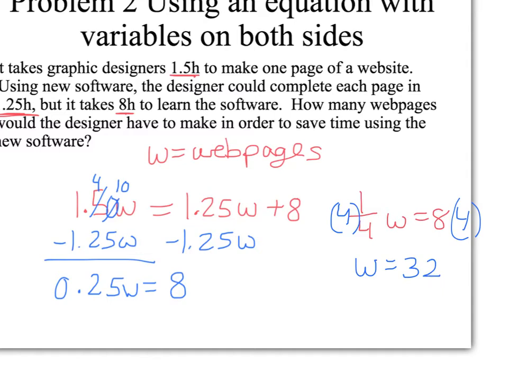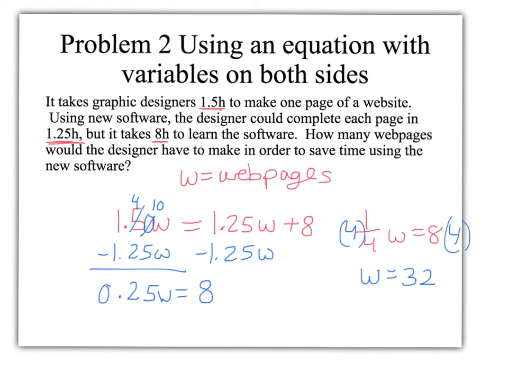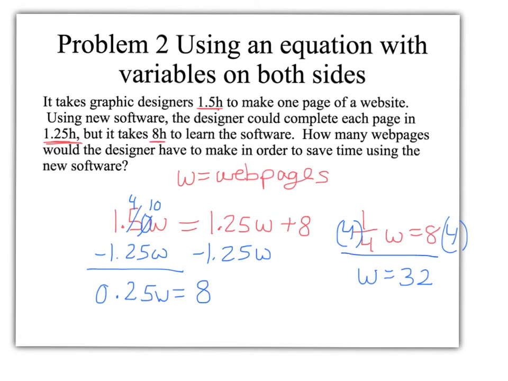Alright, now, that's not exactly the question. What the question says, well, how many web pages would the designer have to make in order to save time using the new software? Well, at 32 web pages, it's equal. So 32 web pages isn't your answer. That's where the two different ideas are equal.